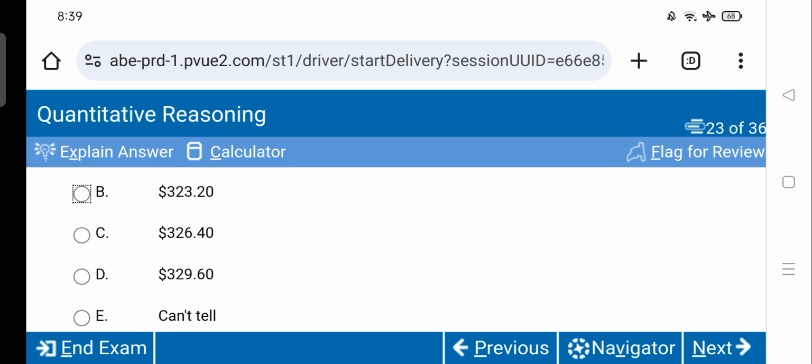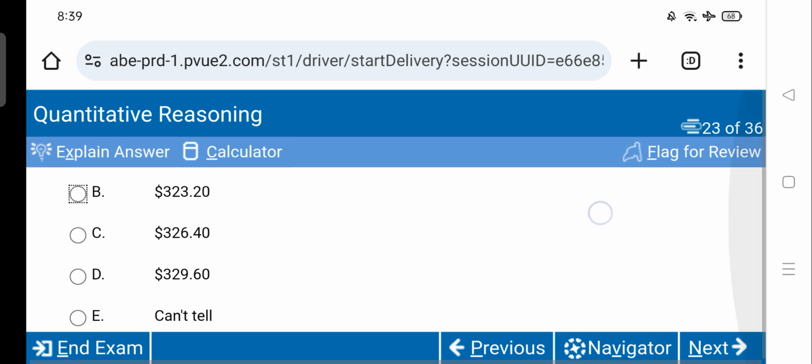Option D, $329.60. Option E, can't tell.